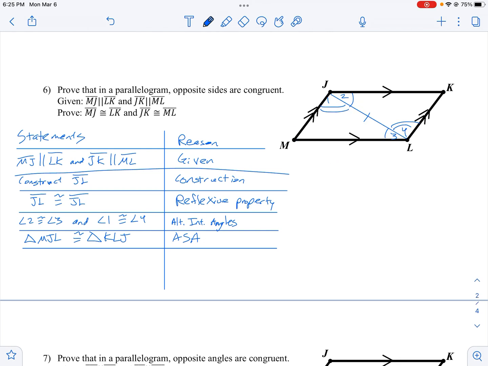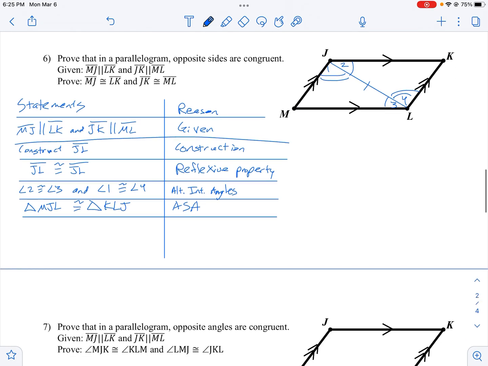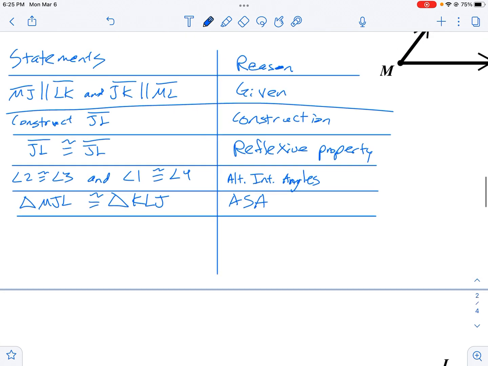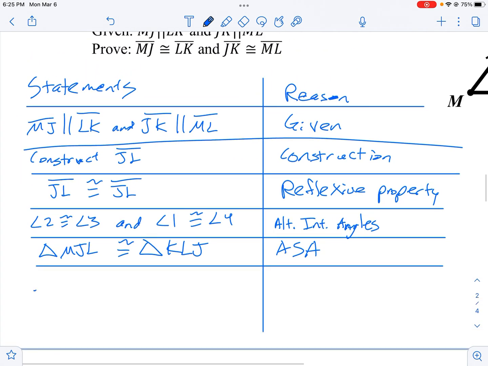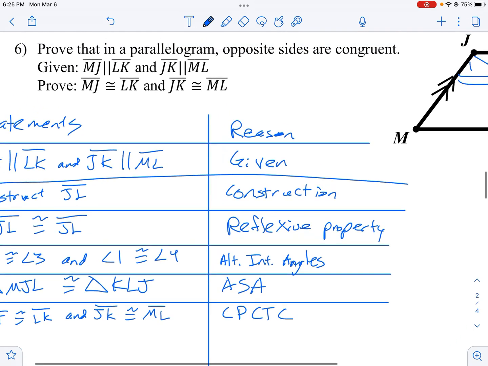And now we can do the final part where we say that these segments are congruent because they are corresponding parts of congruent triangles. So we got MJ congruent to LK, and JK is congruent to ML. And that's by corresponding parts of congruent triangles are congruent. There we go. Proof done.